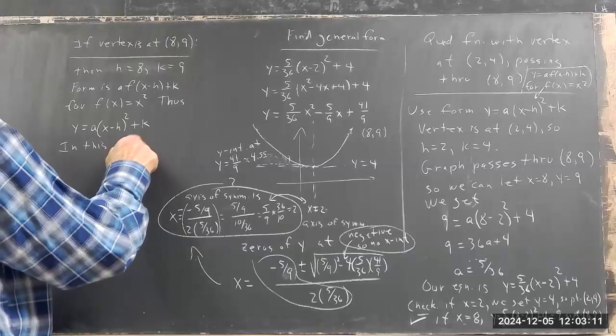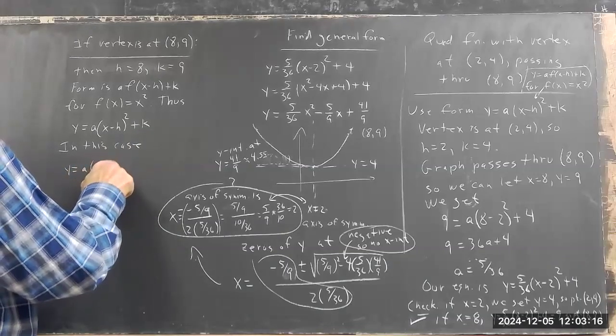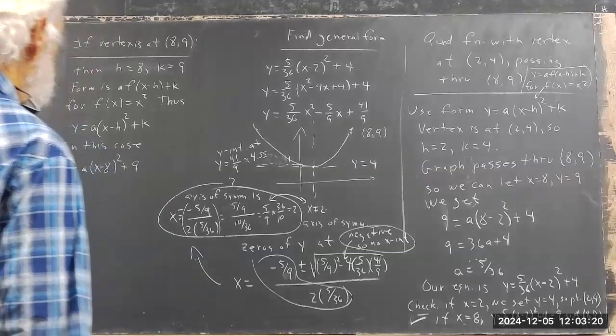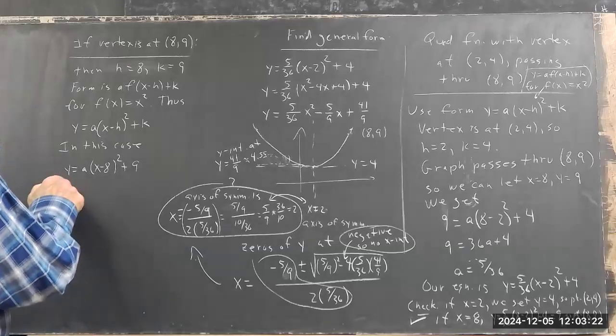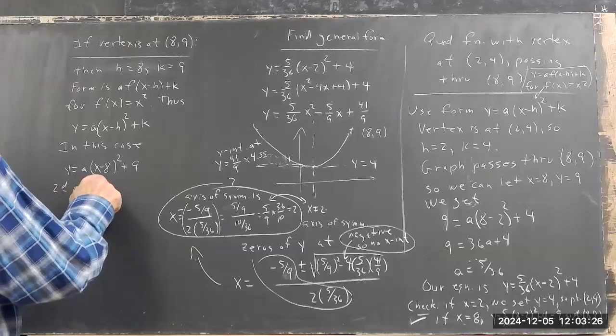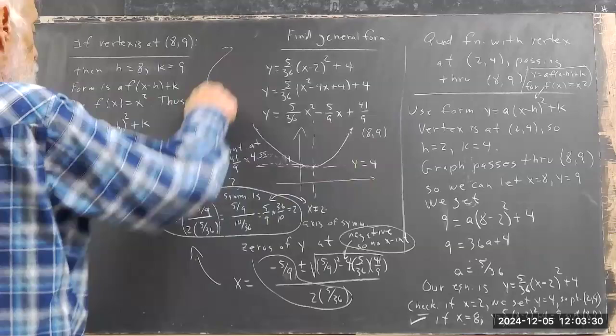In this case, y equals a times x minus h squared plus 9. Second point is 2, 4, the one we used previously for the vertex.